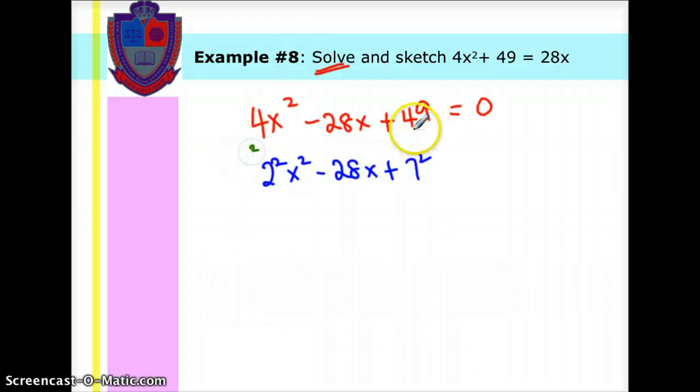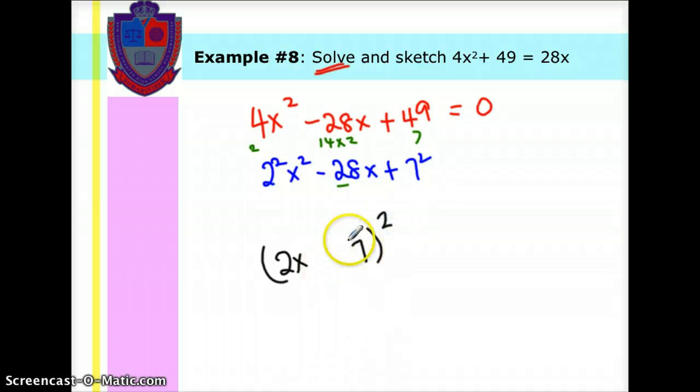This is a 2, this is a 7. 2 times 7 is 14, and then I times it by 2, I get a 28. Perfect. So I know it's going to be a 2x and a 7 something square. Now what do I put here? What's in front of the 28? A minus sign. Bam.